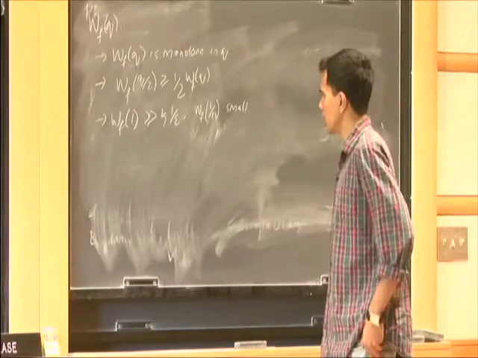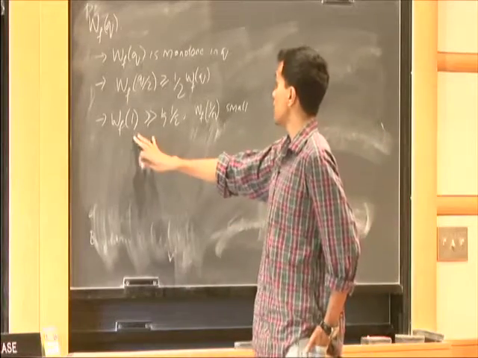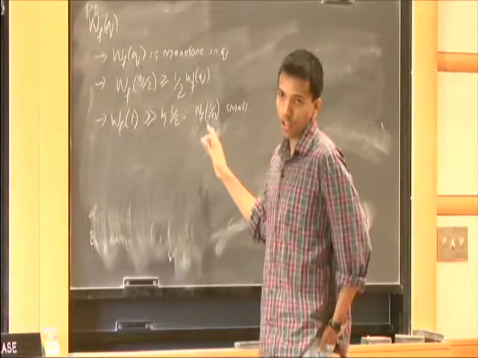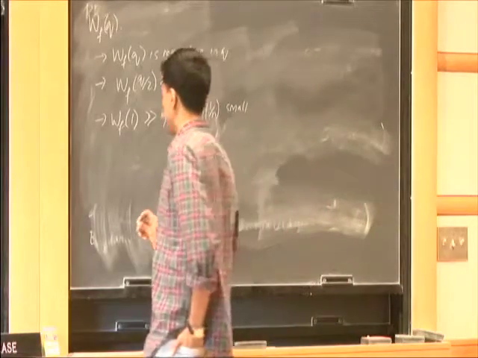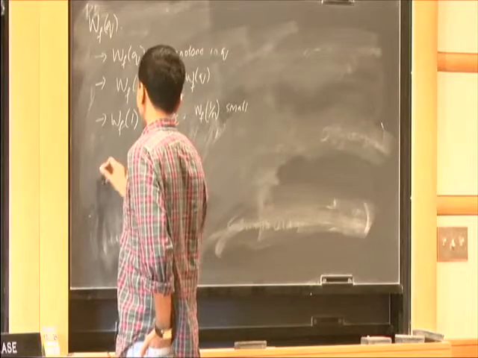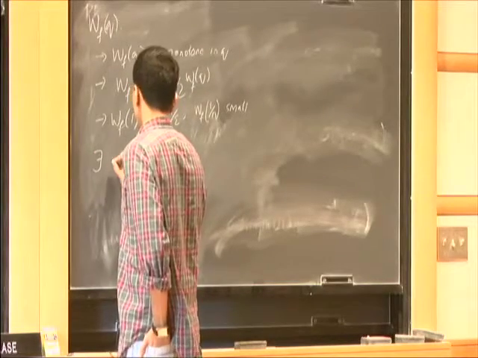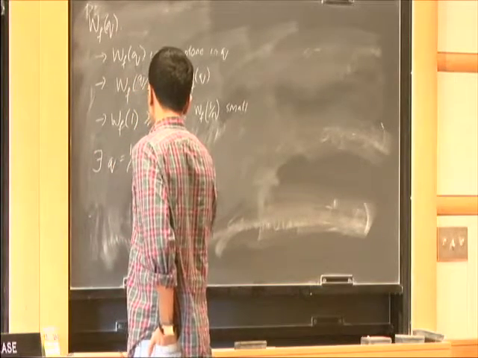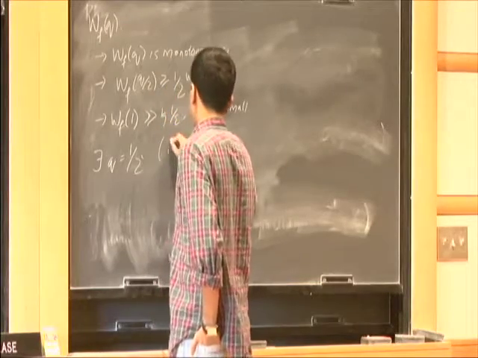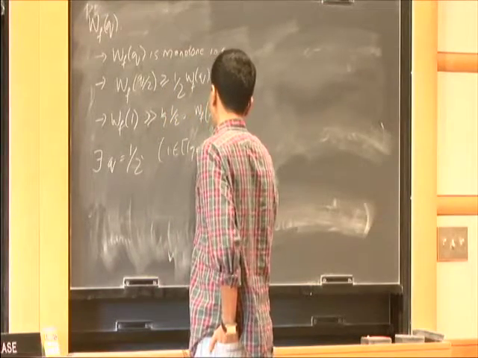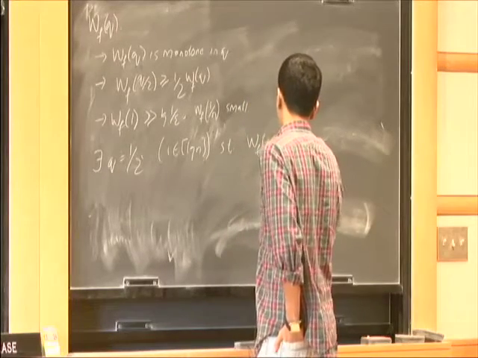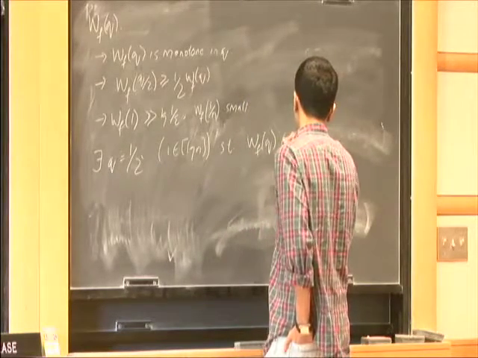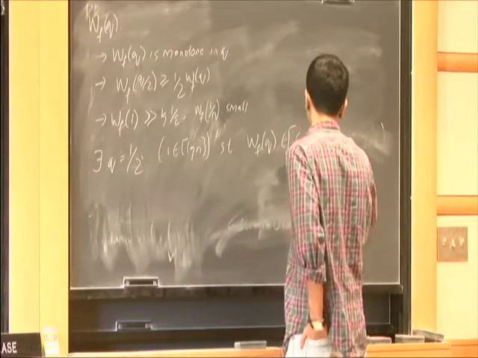So it's large at 1, it's small at 1 over n, and it's not dropping too quickly, though it is dropping. So there must be some point where it's just right. Therefore, there exists Q. In fact, I can choose Q to be a power of 2, 2 to the minus i for i up to log n, such that, well, it might not be exactly what I want, but it's going to be close.